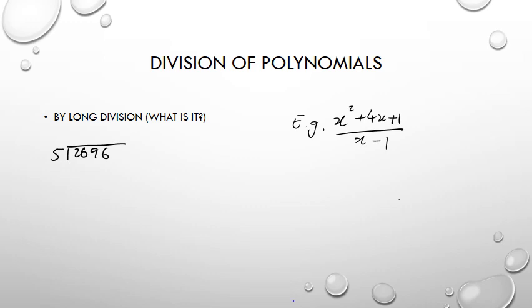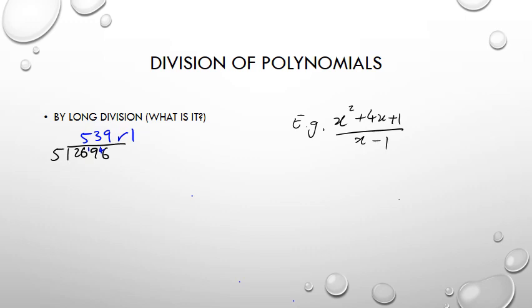Usually what you would do with short division, which is what you would have learned in year 7 and 8, is you would divide 5 into 26 here. Let's say it's a 5. You have a remainder of 1. And then 5 goes into 19 3 times. And then you're left with a 4. 5 into 46, you would say 9 times. And then there's a remainder of 1.